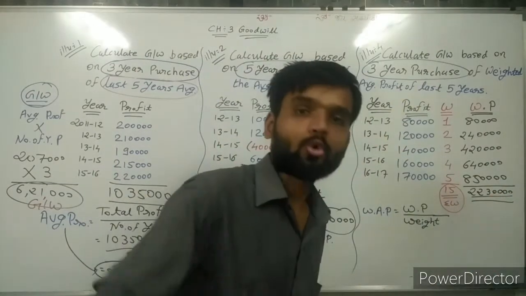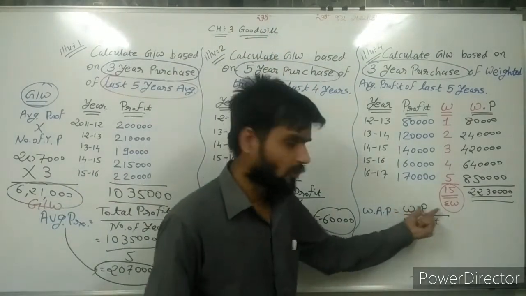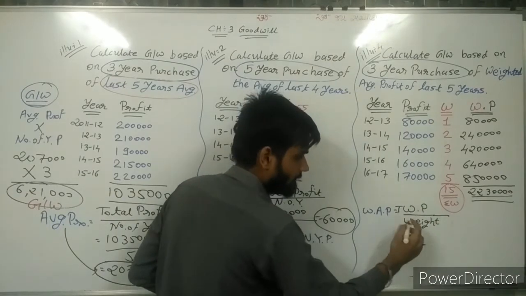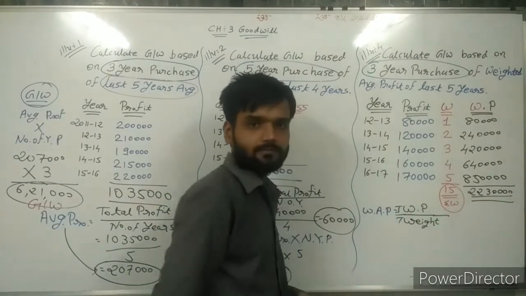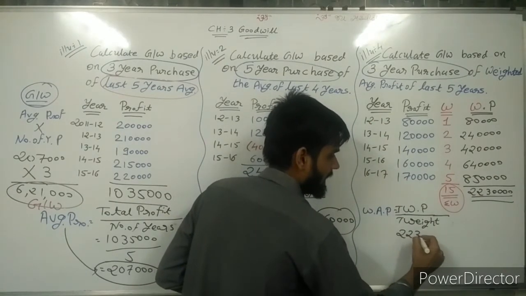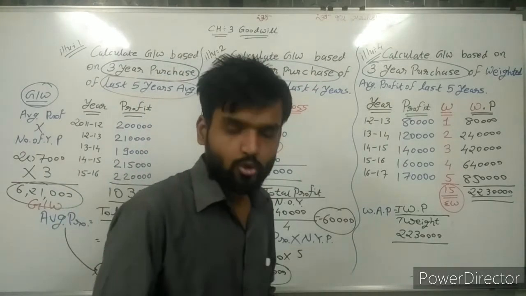That is your total weighted profit. So total weighted profit divided by total weight: 22,30,000 divided by total weight.